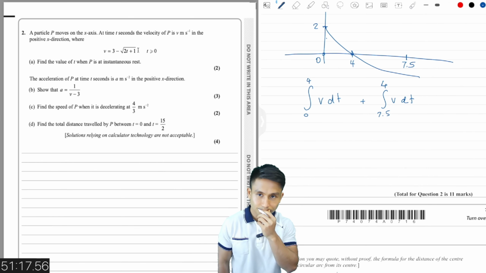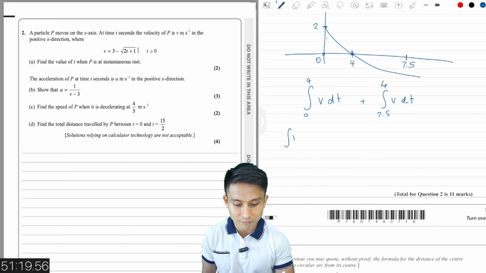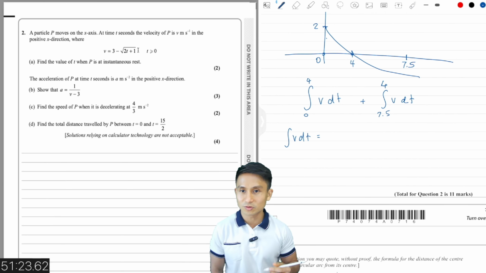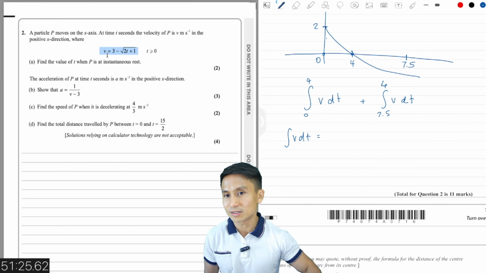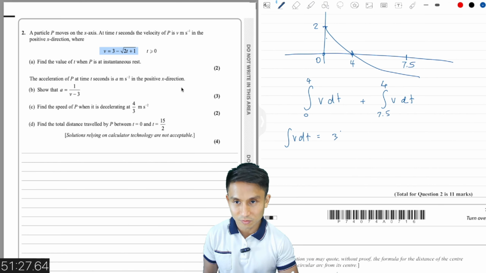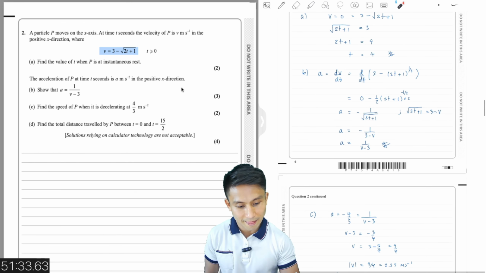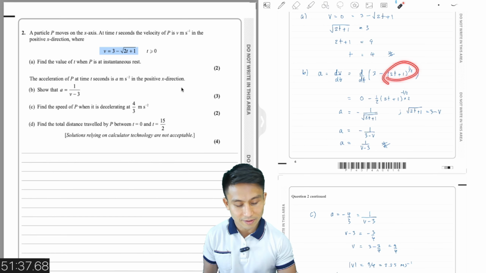All right. So let's integrate v dt first. Yeah, the indefinite integral. So it's just integrating this function here. You get 3t. So that was a half before. Let me just look at this. Yep, we're going to integrate this guy.